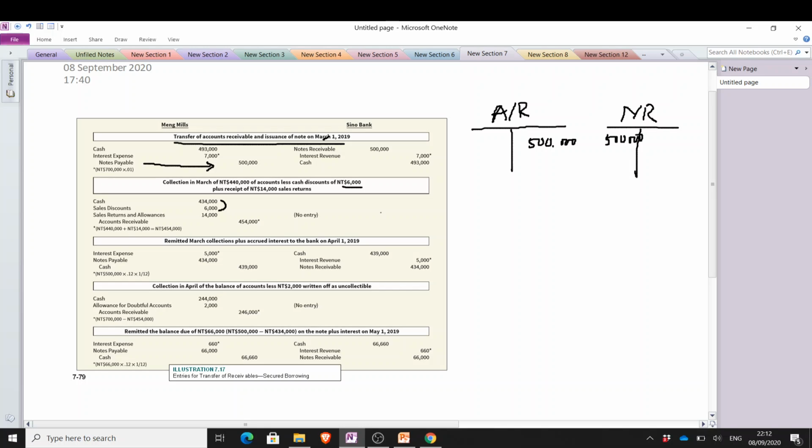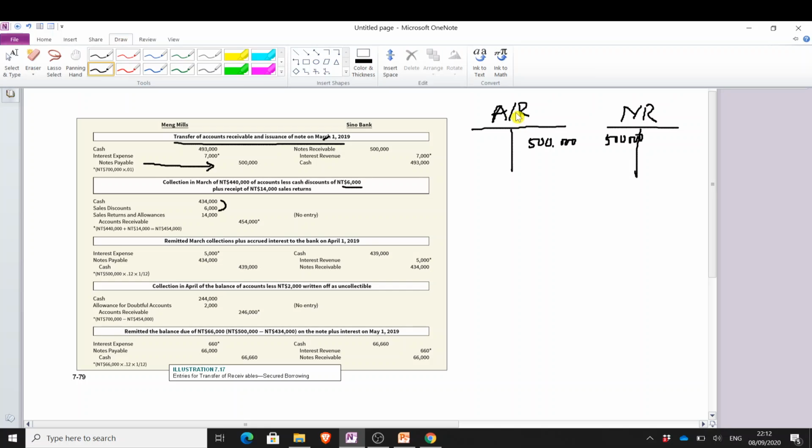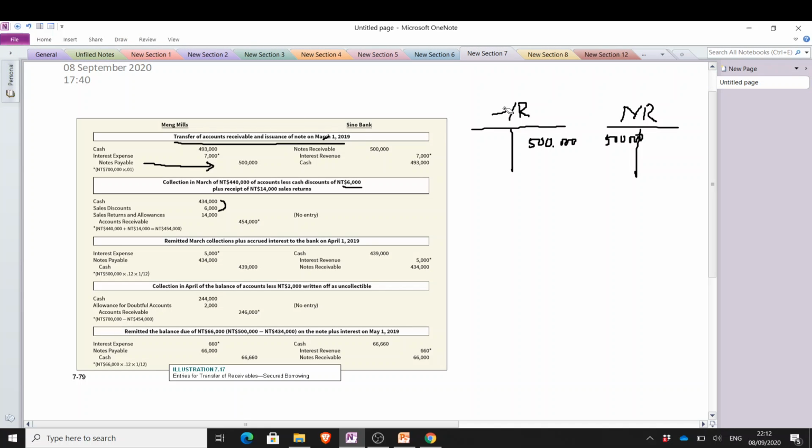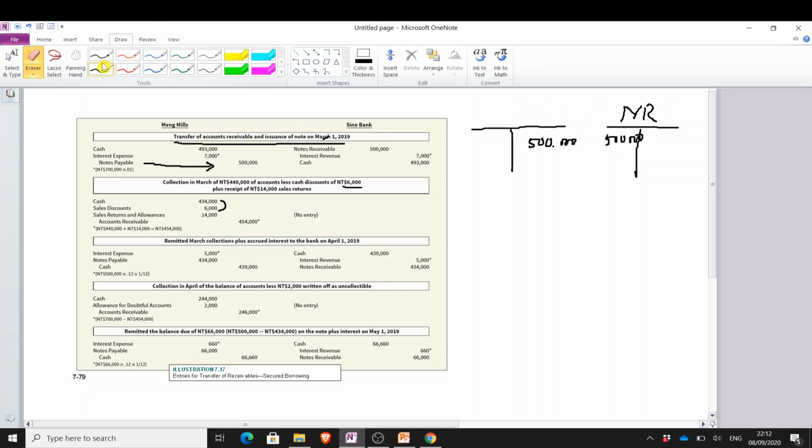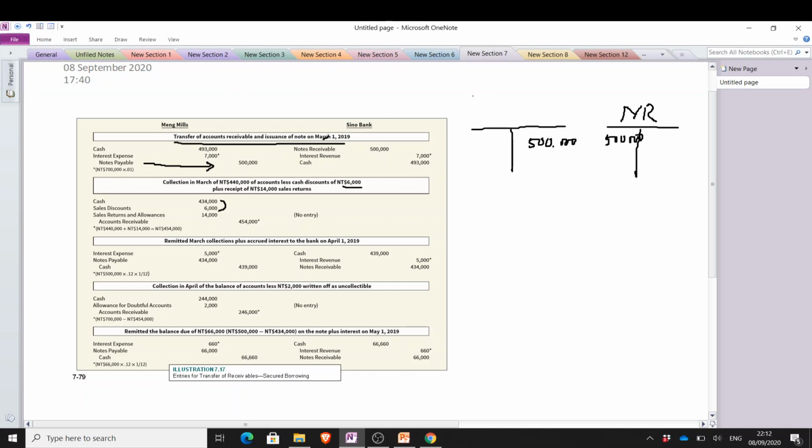So the account receivable is, sorry, it is not account receivable. It is notes receivable that Mang has here.